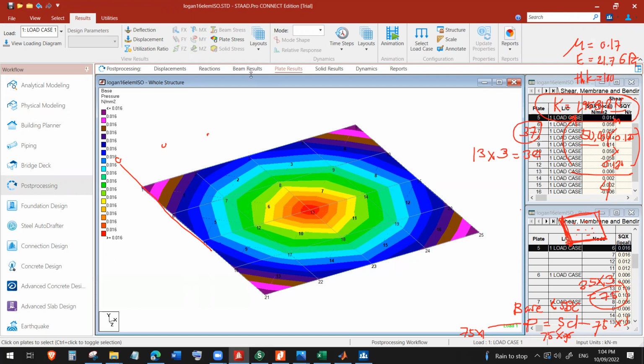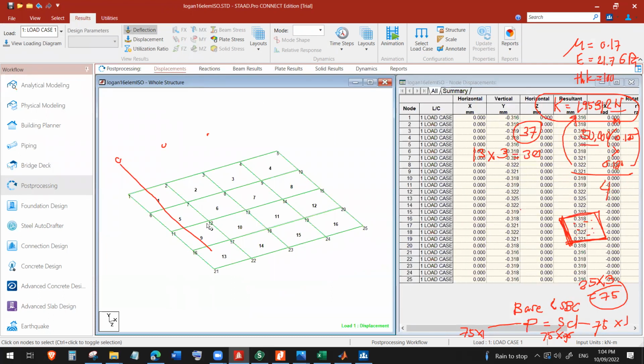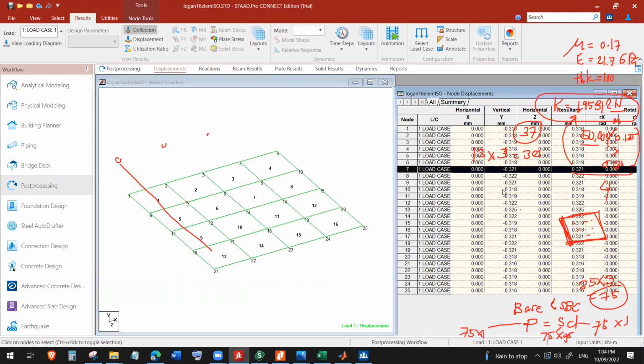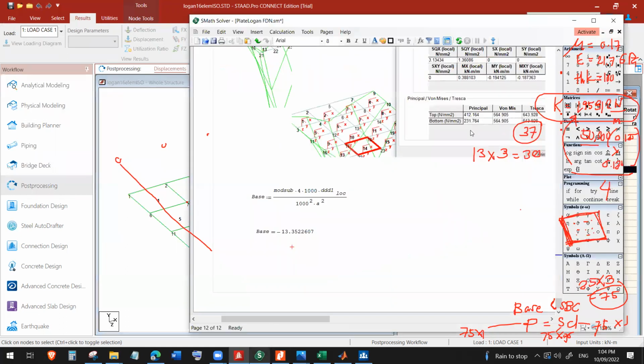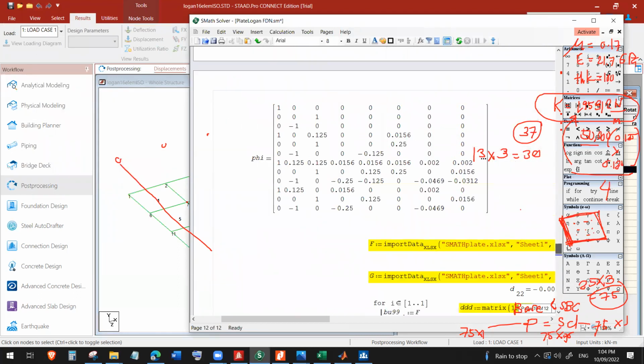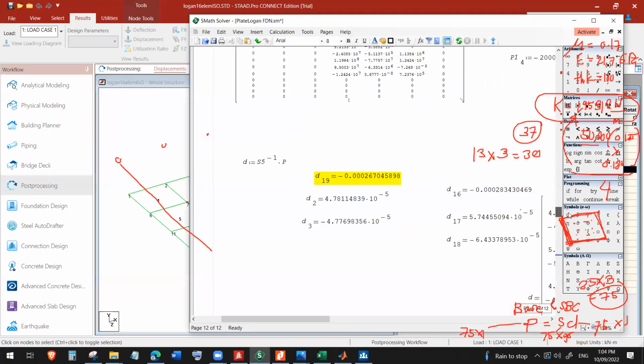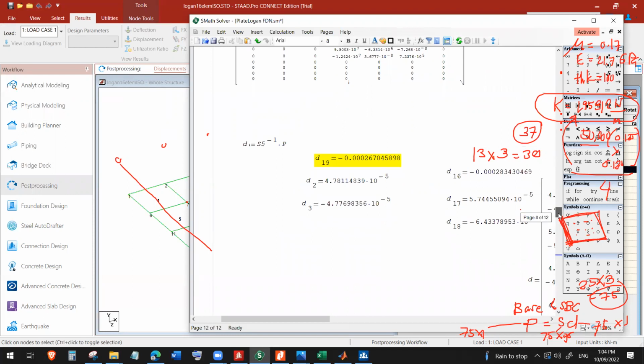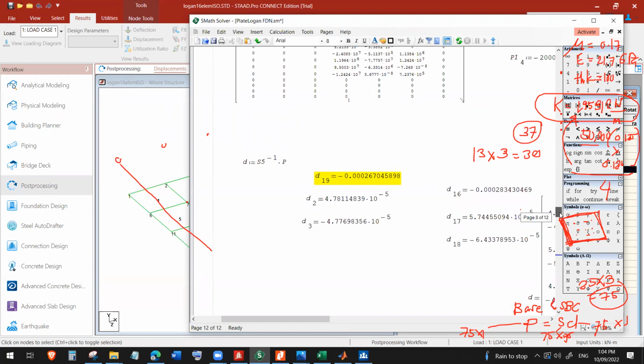How about the displacement? Here it's 0.321 according to STAAD, while we got 0.27. Those are discrepancies, which resulted in a discrepancy also in the base pressure, but they are almost negligible in terms of value.